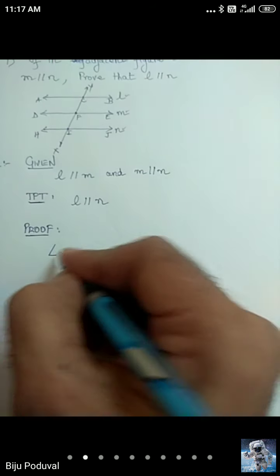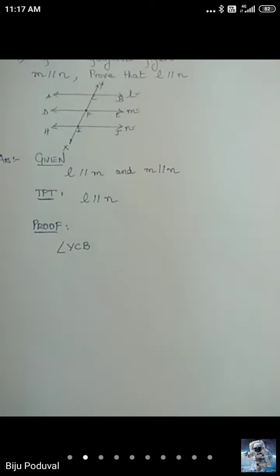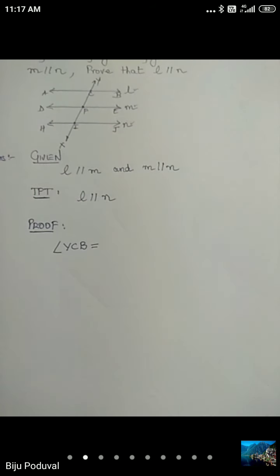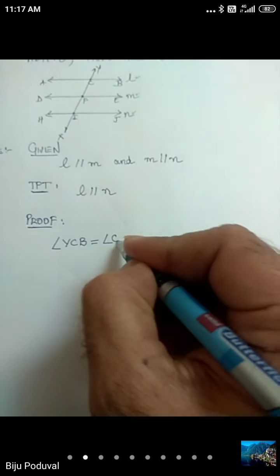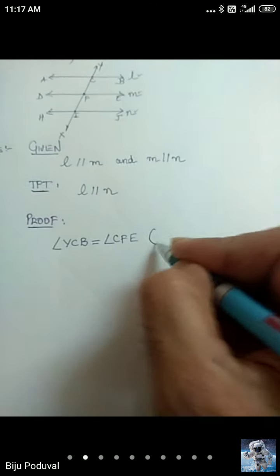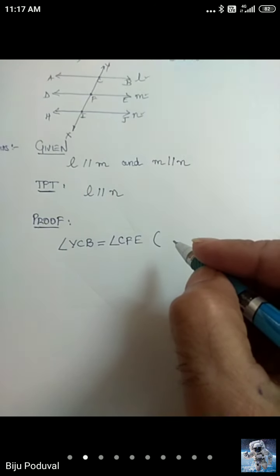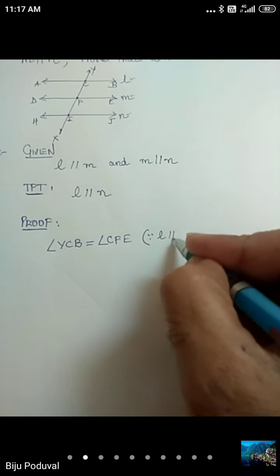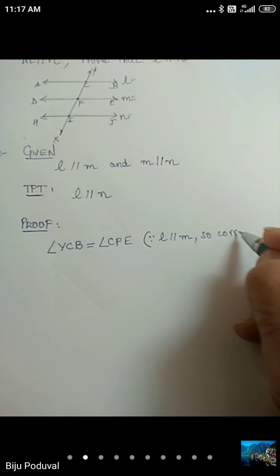Angle YCB. Okay, so you will say angle YCB, this angle, equals angle CFE. Why? Because L is parallel to M, so corresponding angles are equal.